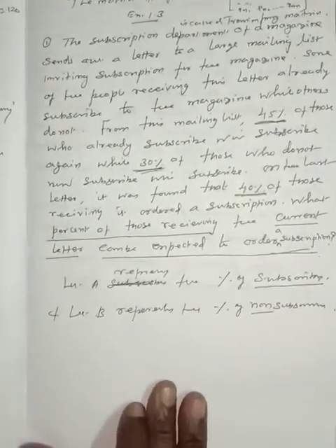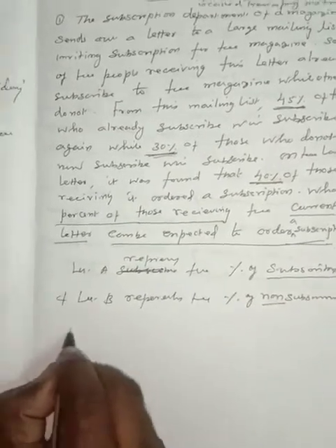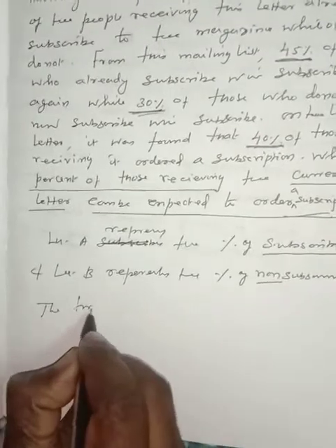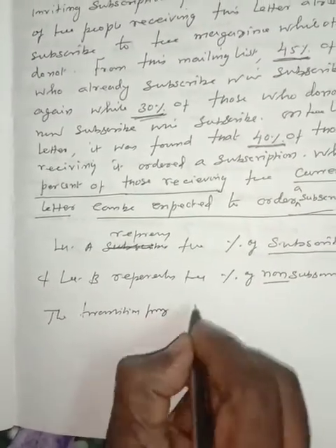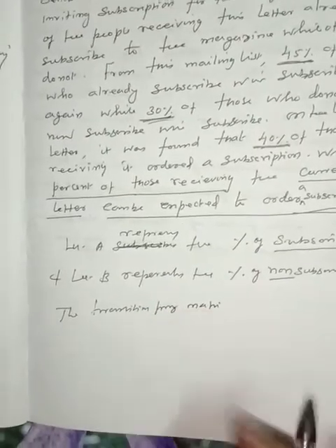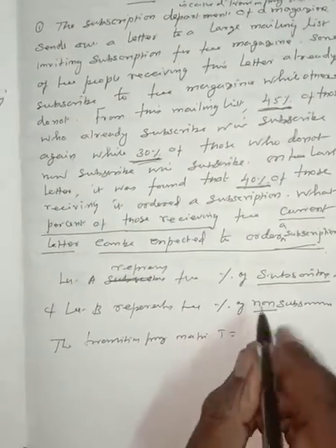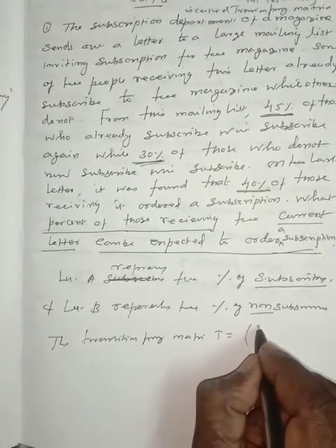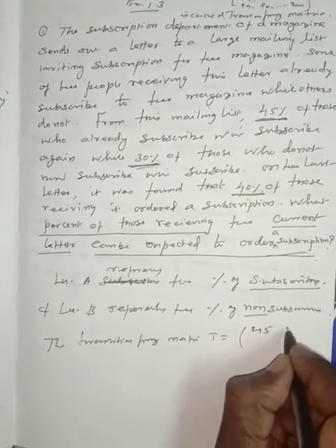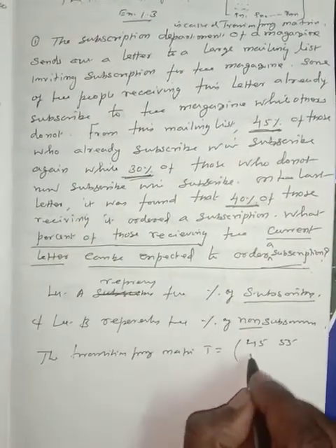By the given information, the transition probability matrix T is equal to 45, 55, 30, 70.